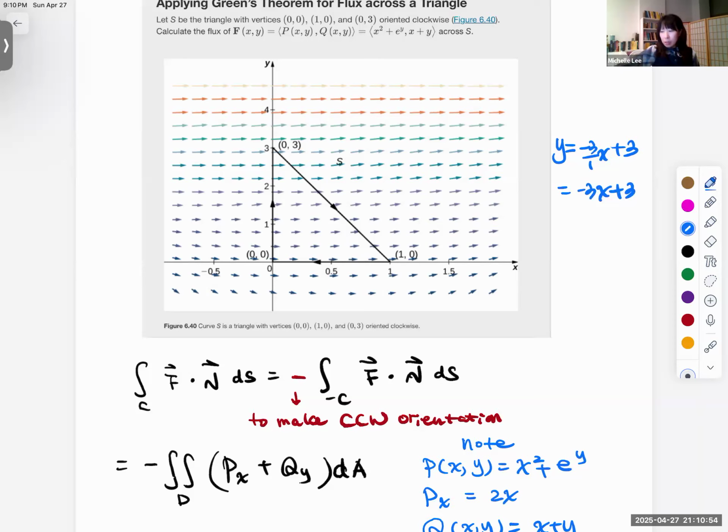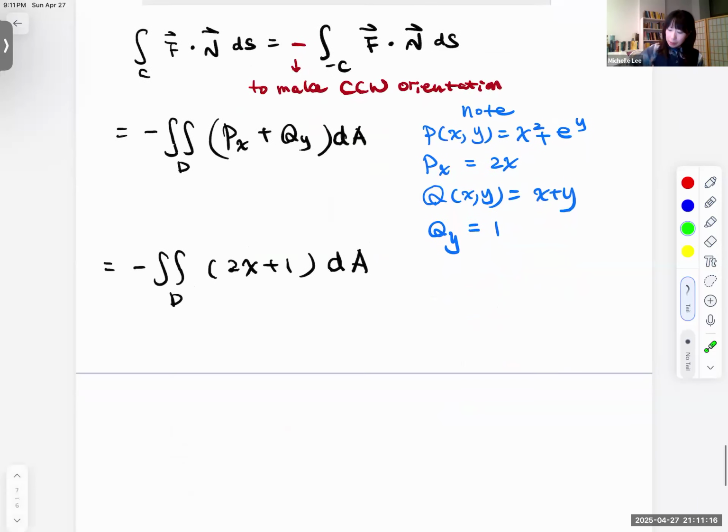So we can use the limit from 0 to that equation for y. Then we need to integrate with respect to y first, and then x later so that we can find out the flux. All right, so let's do that.